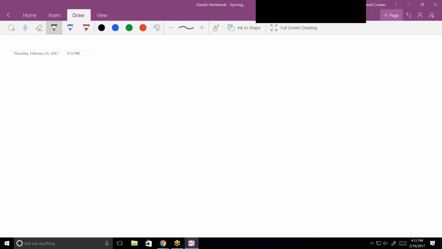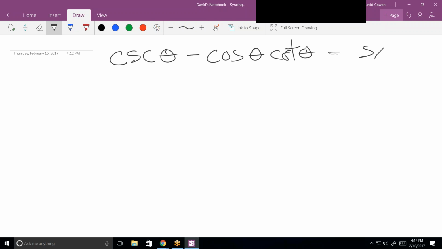Okay. The next one is cosecant of theta minus cosine of theta times cotangent of theta equals sine of theta. Did I write it correct? Yep.